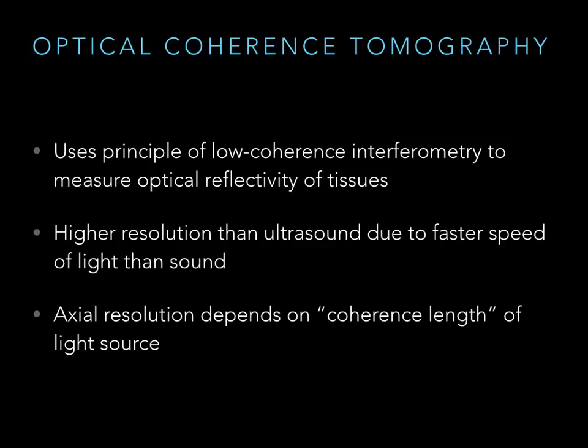It takes another technology, which I'll show you in the next slide, to see how long it takes for that light to get back, and then figure out the distance from the source. It's a higher resolution than ultrasound due to the faster speed of light than sound. The axial resolution depends on what we call the coherence length of the light source.